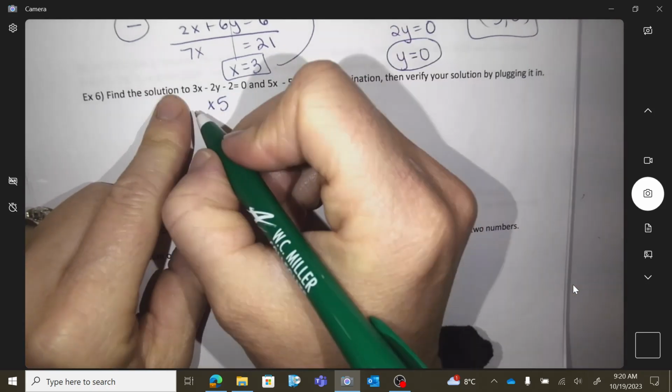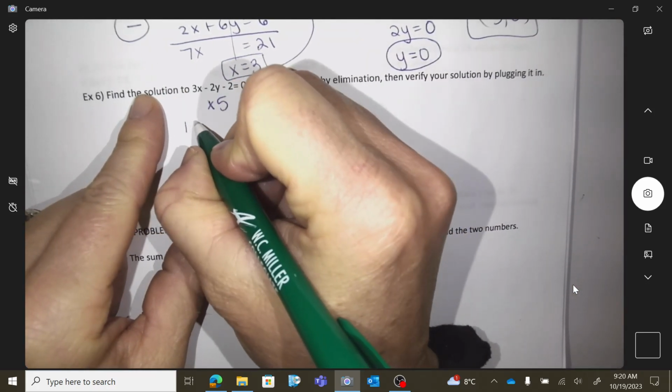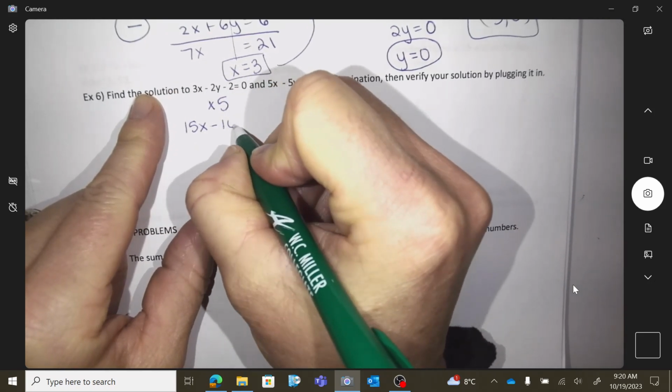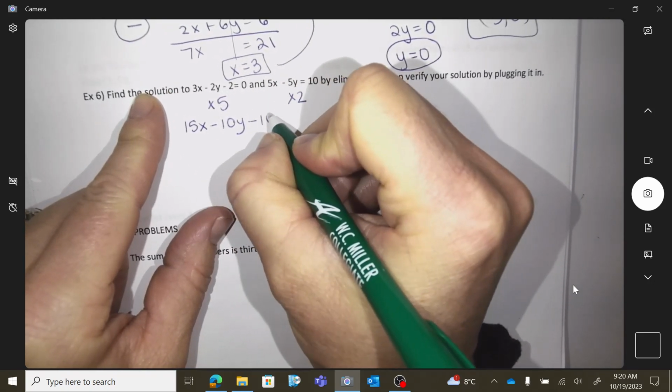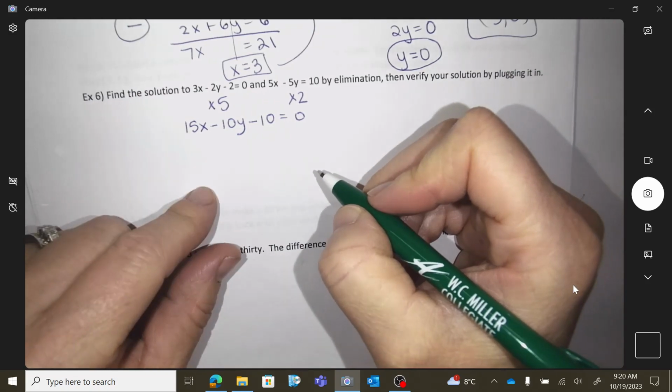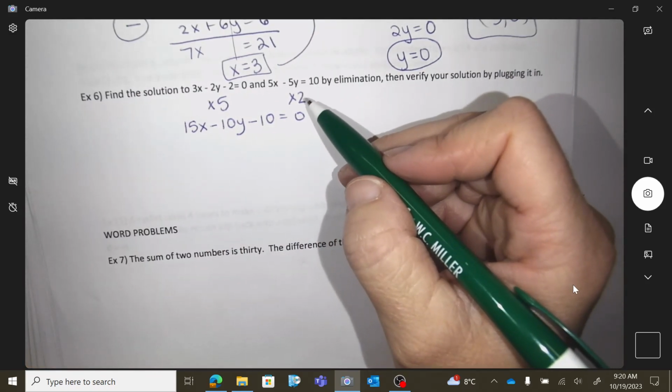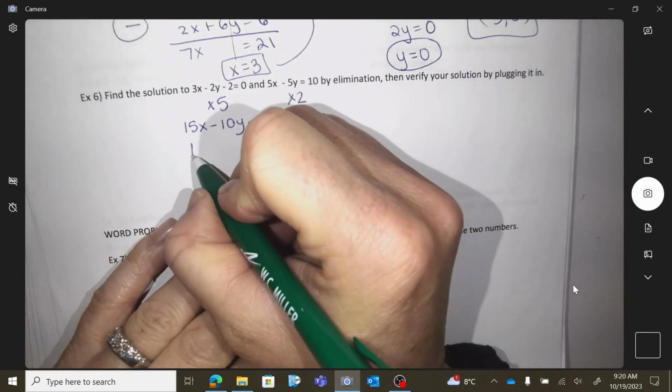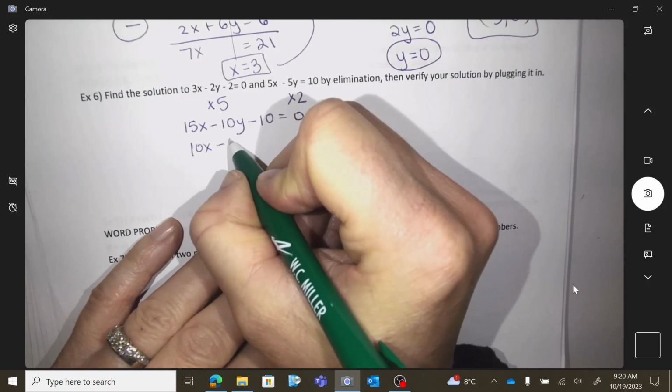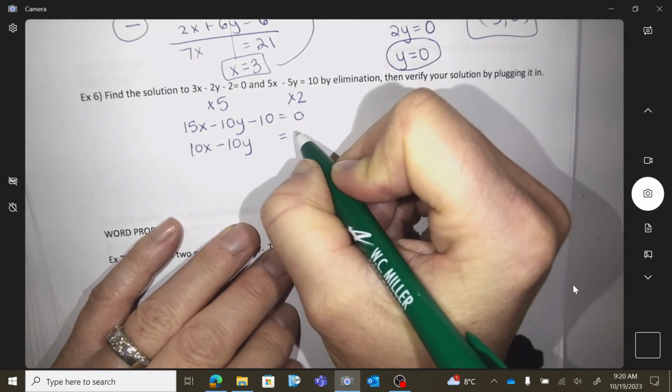Okay, so I'm going to do this one by 5. So 15x minus 10y minus 10 equals 0. And then this one would be 10x minus 10y equals 10.